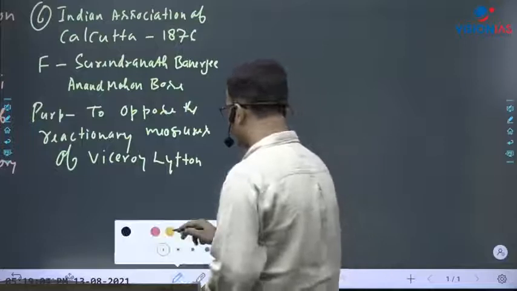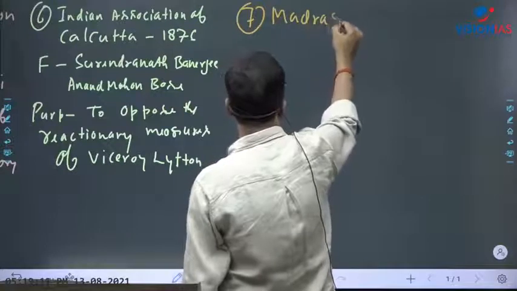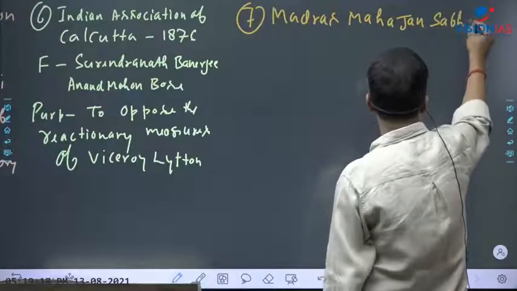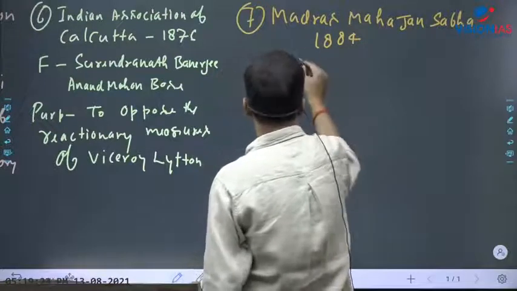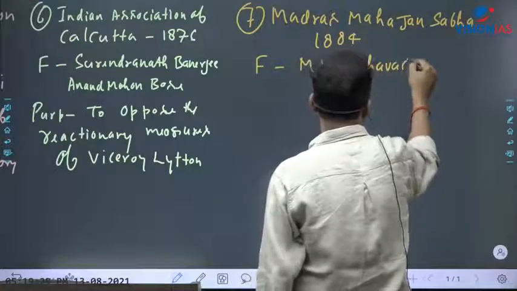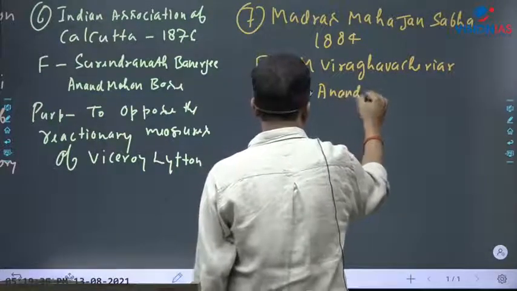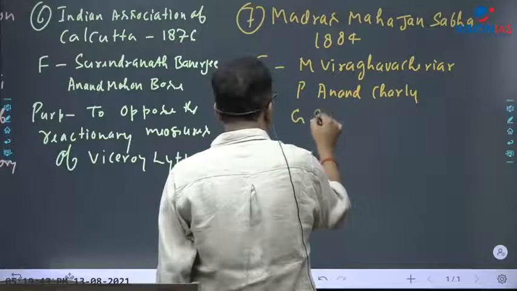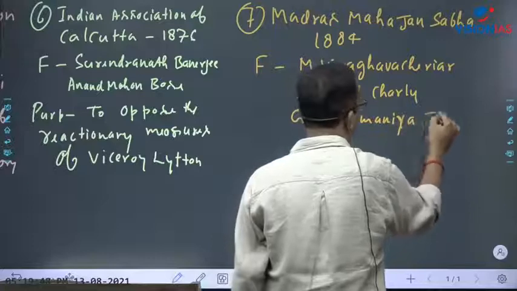Seventh, Madras Mahajan Sabha, 1884. Founders: M. Veer Raghavachariyar, P. Anand Charlu, and G. Subramania Iyer.